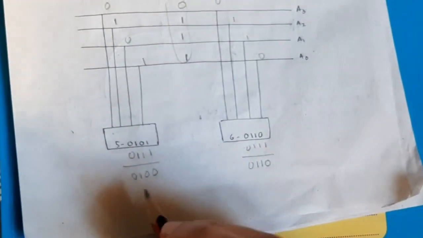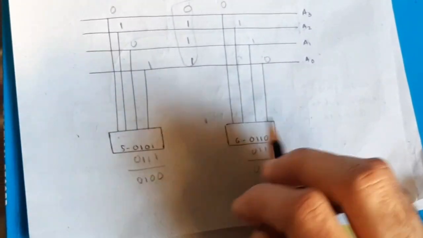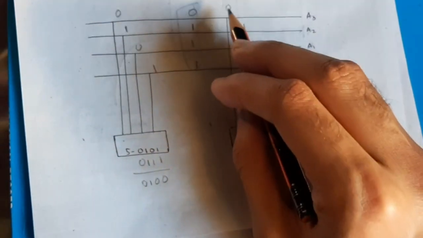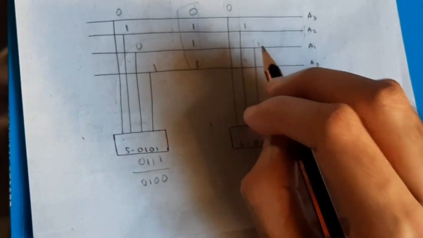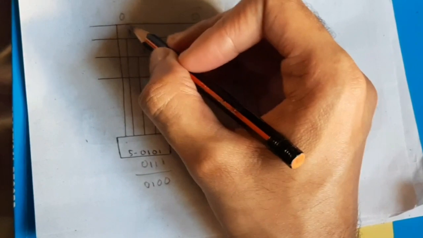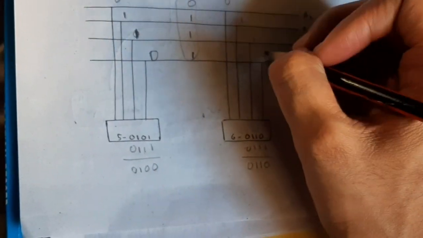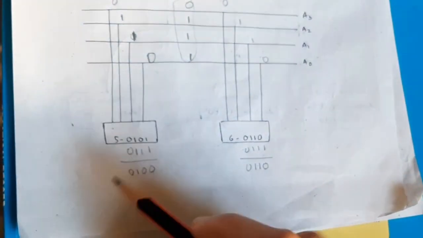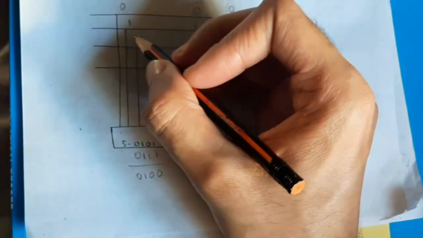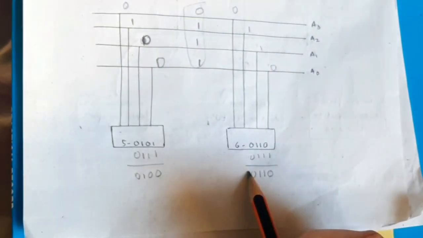So these two are the new IDs of both devices, and they will again be sent to these lines. 0110 will be placed on these lines as 0110. These are the new IDs, and this 0110 is the same ID, so it will be the same. Now this one is 0100, sorry, this is 0100. This is the new ID of 5, and the new ID of 6.